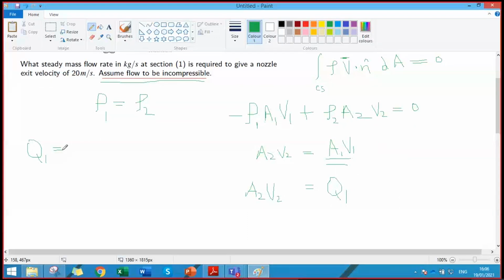So you need to run the calculator now: 20 times 3.14 times 40 times 10 to the power minus 3, squared, divided by 4. It comes out to be 0.025 meter cube per second.